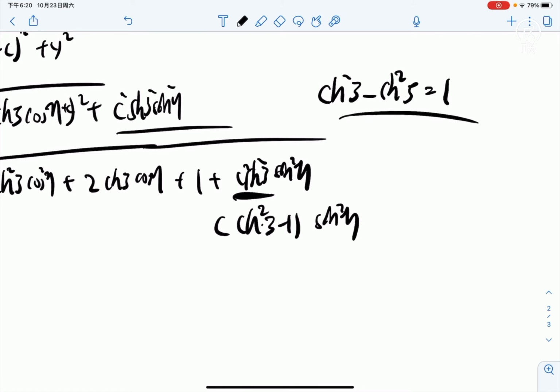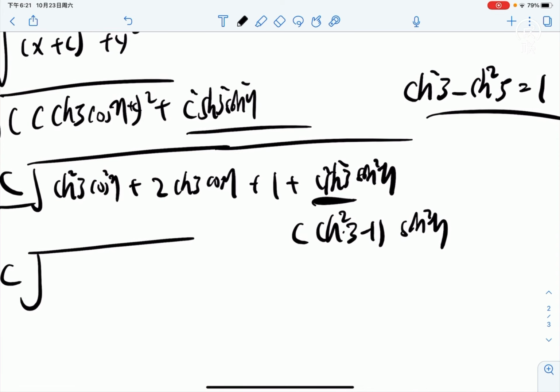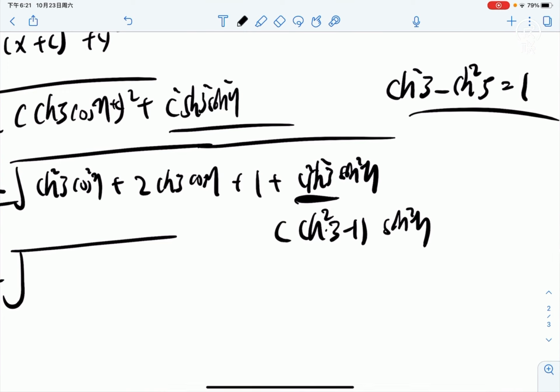So now we have that this term times this term, and plus this term is just going to be equal to cosh.